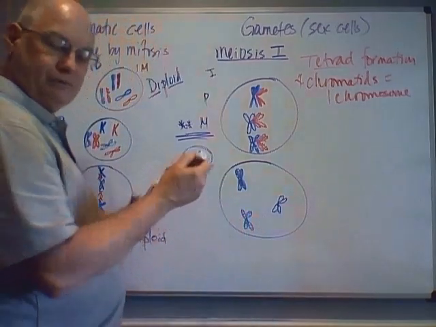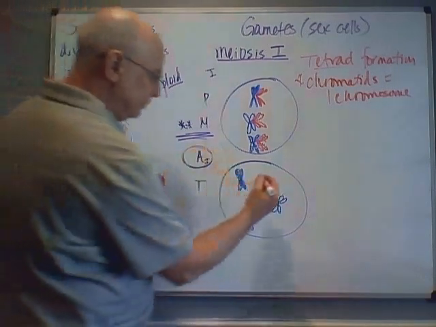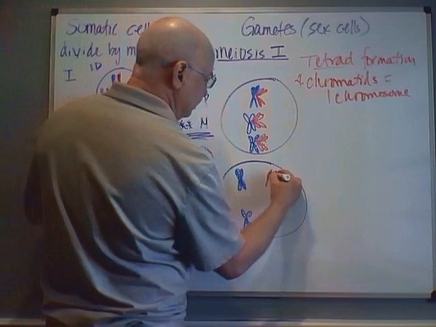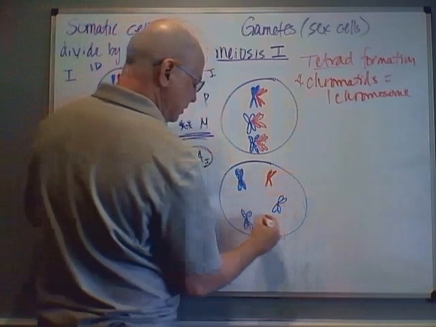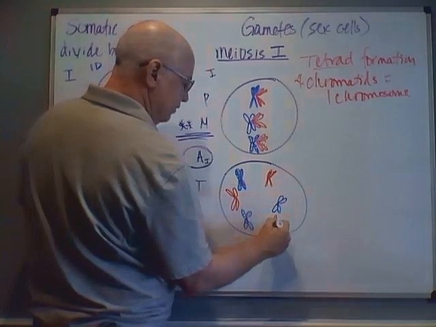And therefore, mom's chromosomes, see if this marker writes a little bit better. Here's number 1 from mom, both copies attached to their centromere. Here's number 2 from mom over here. And here's number 3 from mom over here.